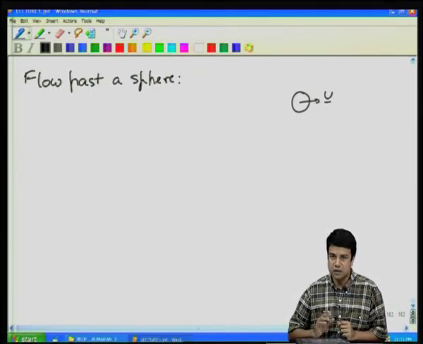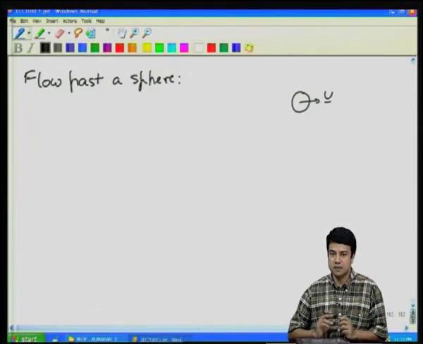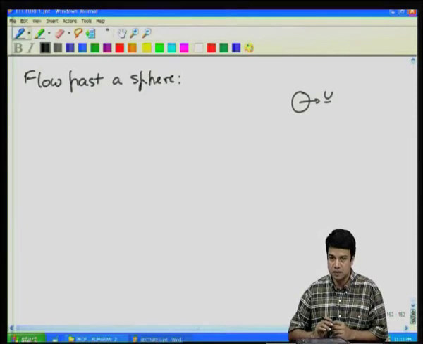They also have to be linear in the velocity of the sphere, because the Stokes flow equations are linear equations for the fluid velocity and the pressure fields. The stress is linear in the pressure and the fluid velocity fields, and therefore, the solutions at every point have to be linear in the fluid velocity and the pressure fields.